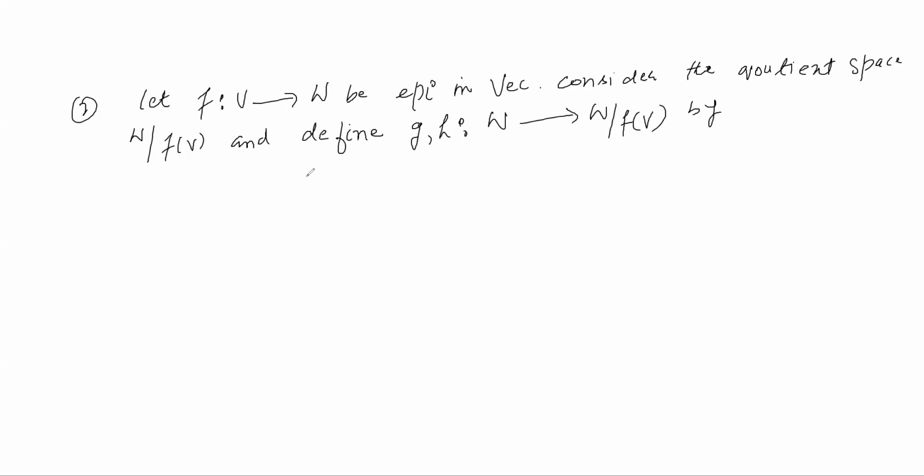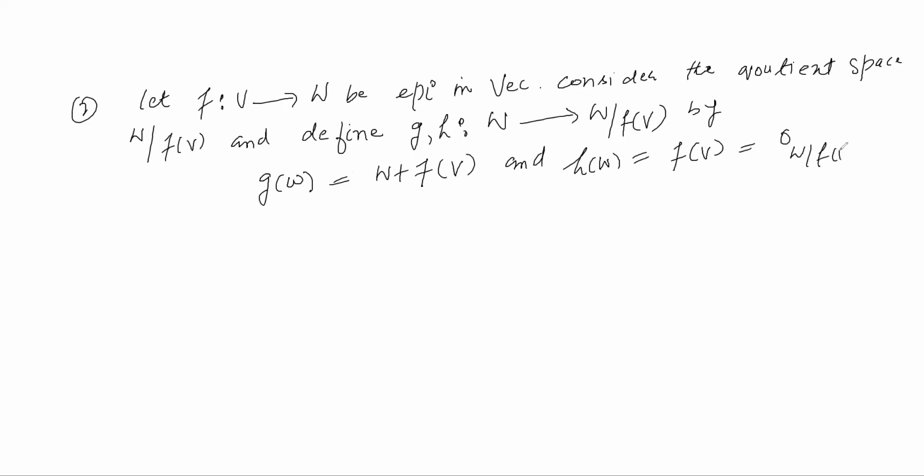You define g of w by taking the natural projection map, g of w equals w plus f(V), and you define h of w as the zero map, h of w is f(V), which is equal to 0 of the quotient space W upon f(V).